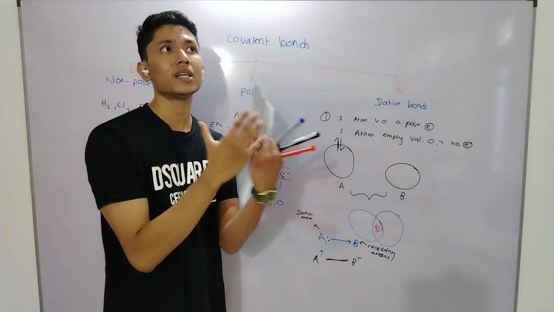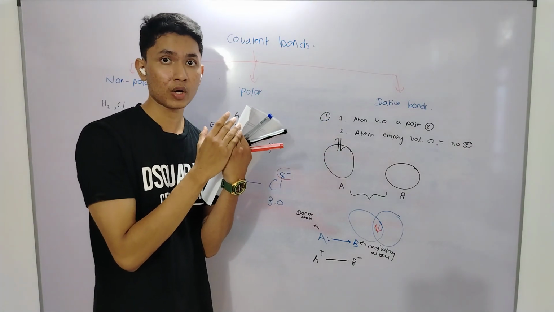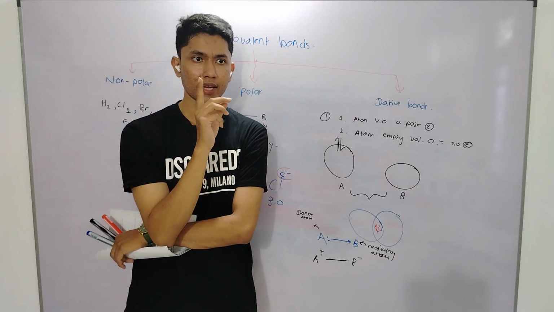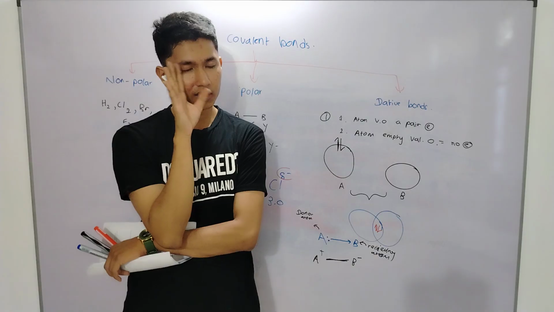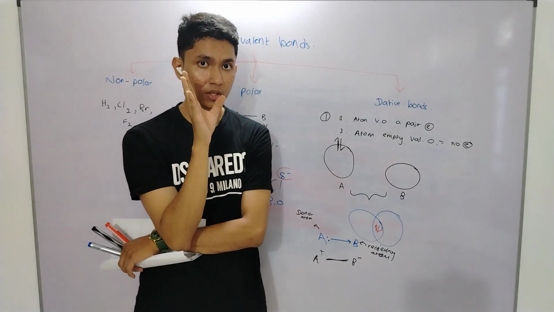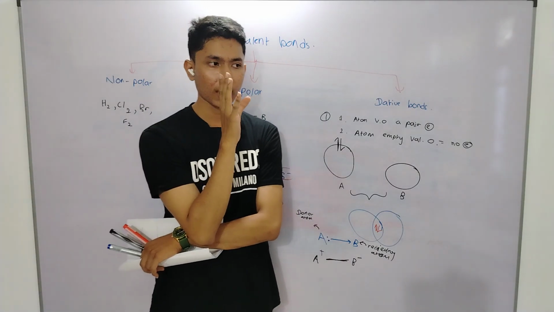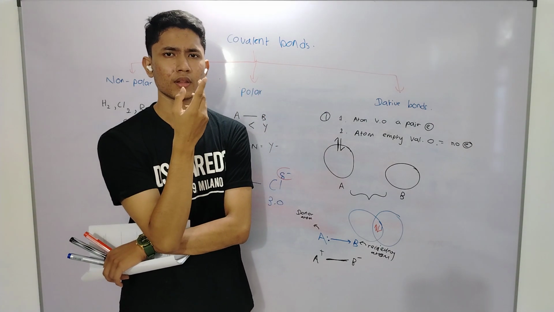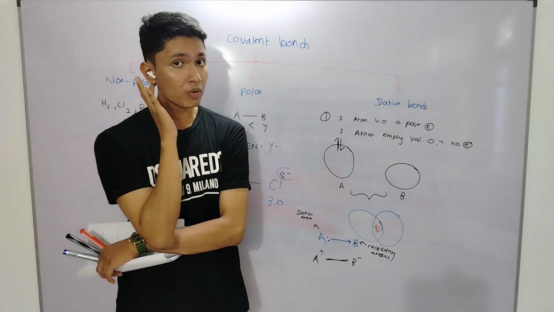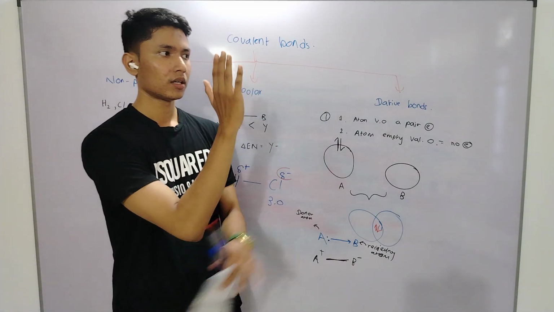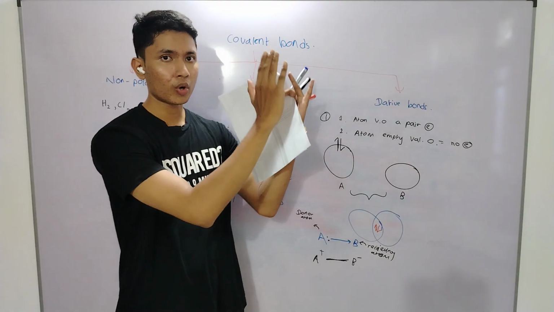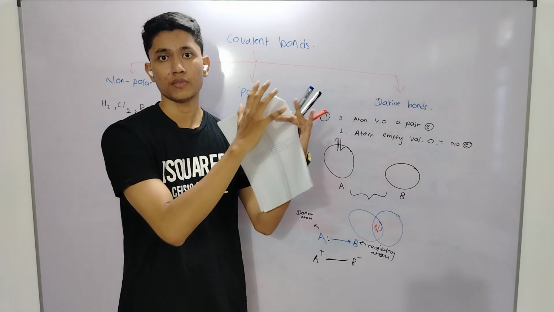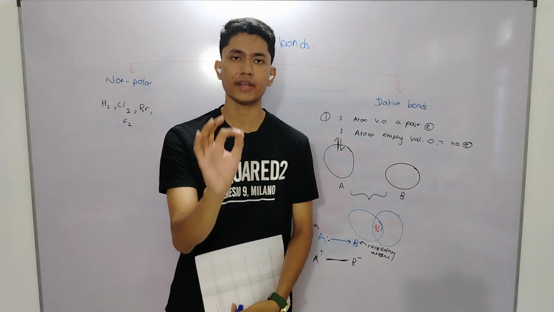Now after the orbitals are overlapped, can you tell from whose orbital the electrons came? You cannot easily say that one atom donates both of the electrons or both atoms contribute one electron each.